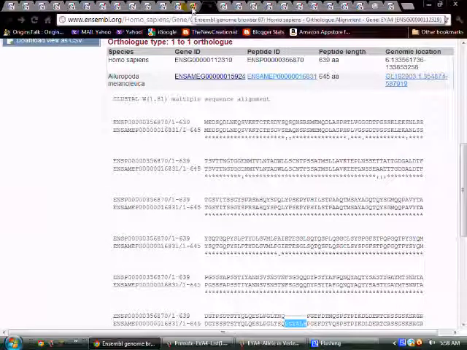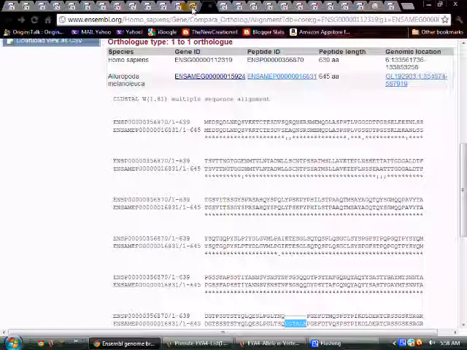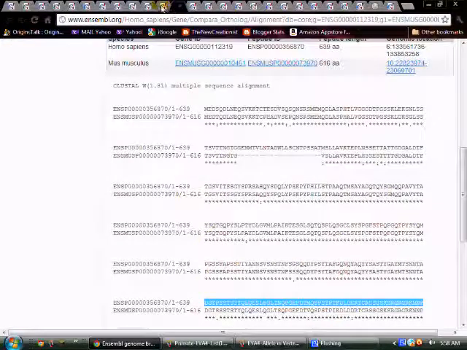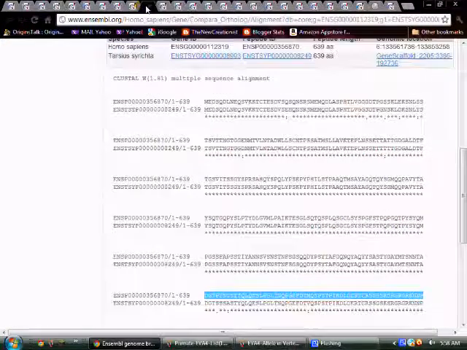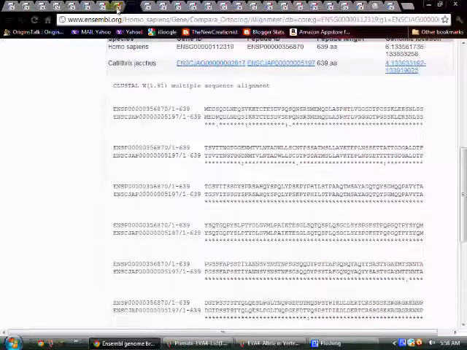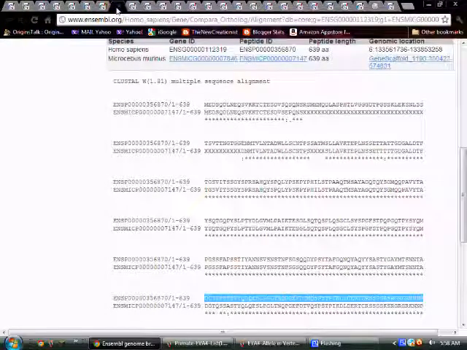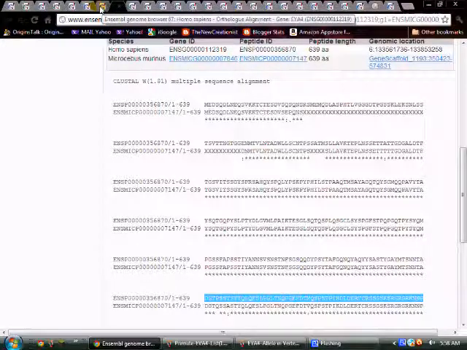So, in conclusion, we have to consider the possibility that these species do not have a common ancestor, because the differences between those that have the insertion and those that do not have the insertion defies evolutionary explanation.